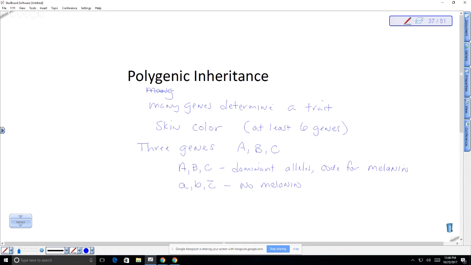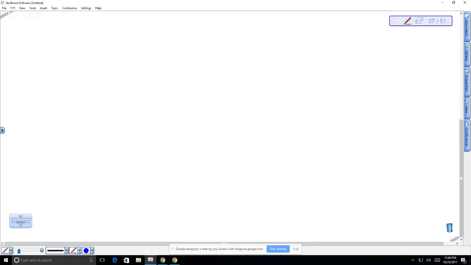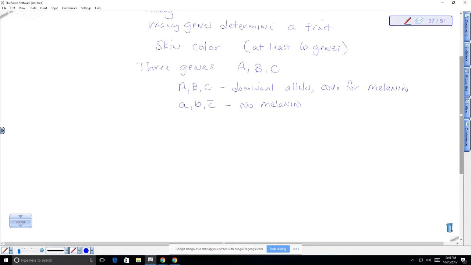Okay, so something really interesting happens when we look at this. You could have individuals that have this combination of alleles, A, a, B, b, C, c. You can have an individual that has that combination of alleles.